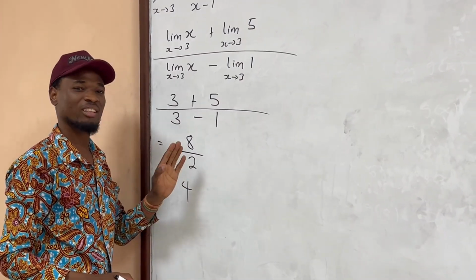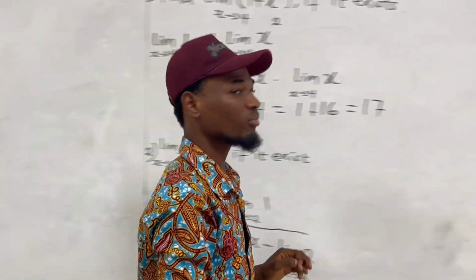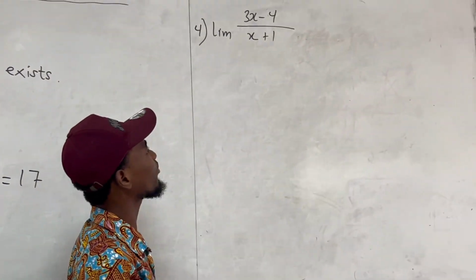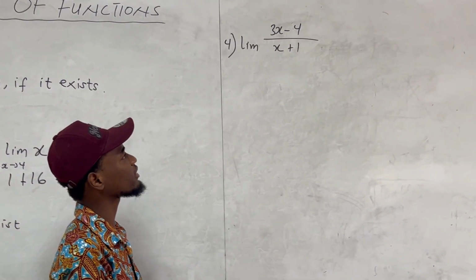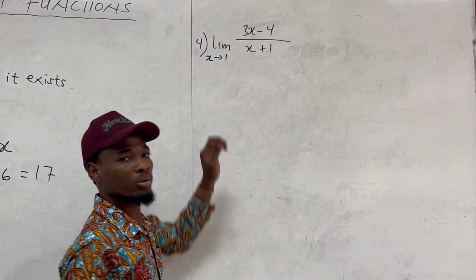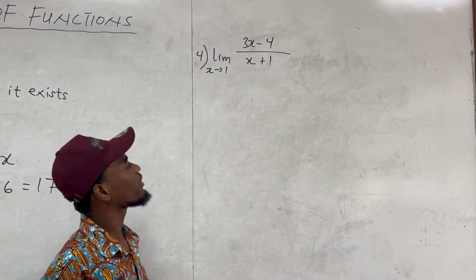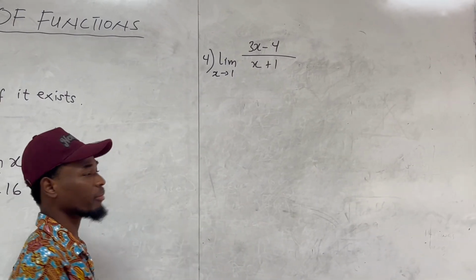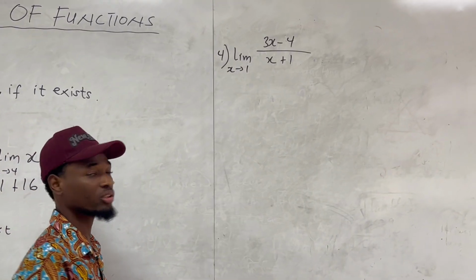To throw more light on this, let me consider the last question: the limit of the expression 3x minus 4 over x plus 1 as x approaches 1.